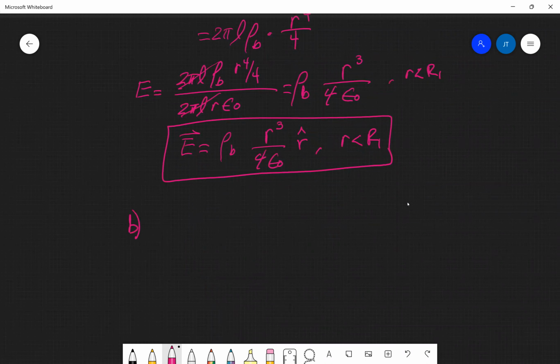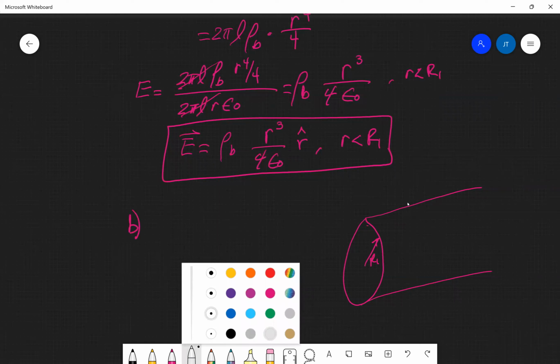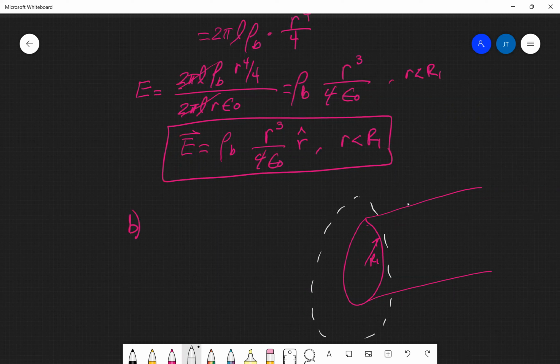Here's my cylinder, the inside cylinder, radius R1. My Gaussian surface, I have to take it right here, of radius r, such that r is between R1 and the shell. Again, how much charge is enclosed in this white cylindrical Gaussian surface?